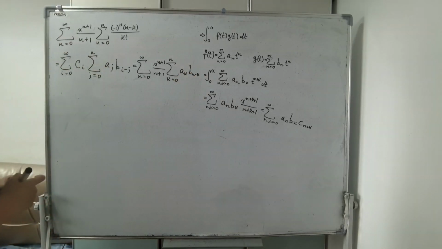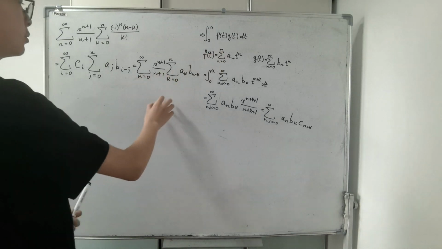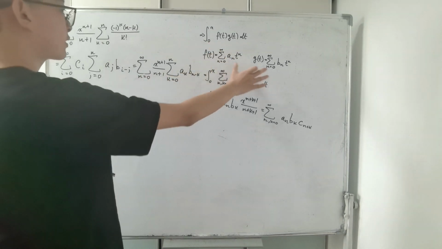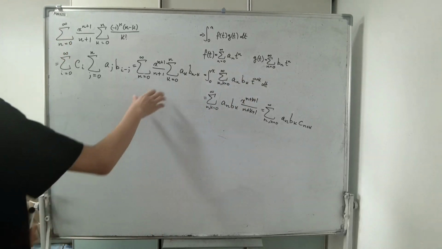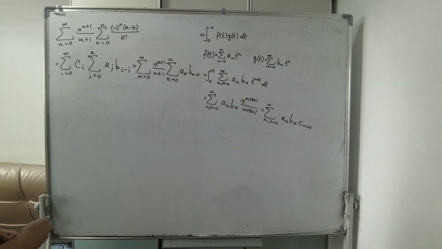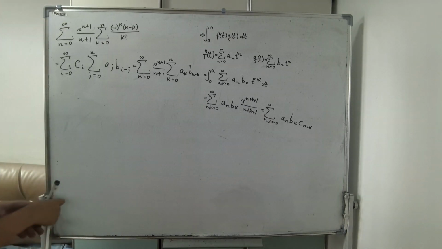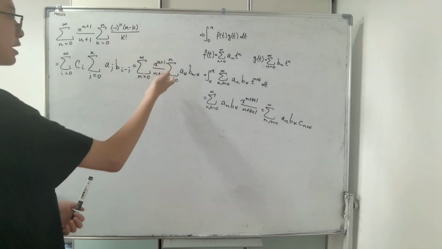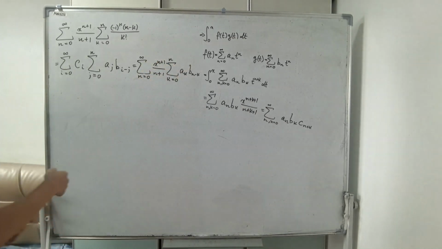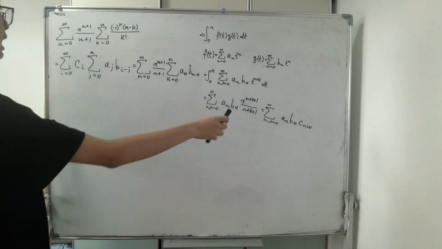So that's basically what we've done. So this integral of the product of these two Taylor series comes out to a single sum, and actually it's in the form of another Taylor series because it's x to some power and then times some coefficient. So this is what we have so far.